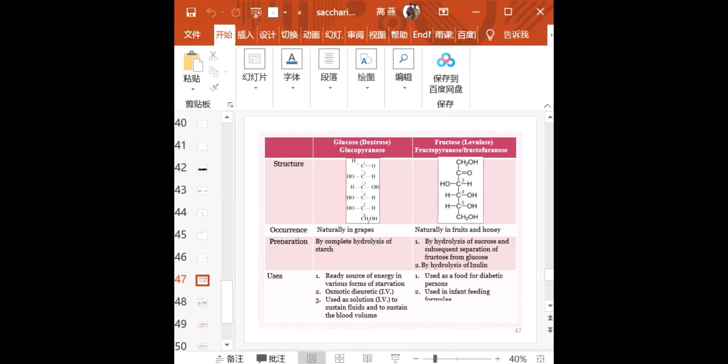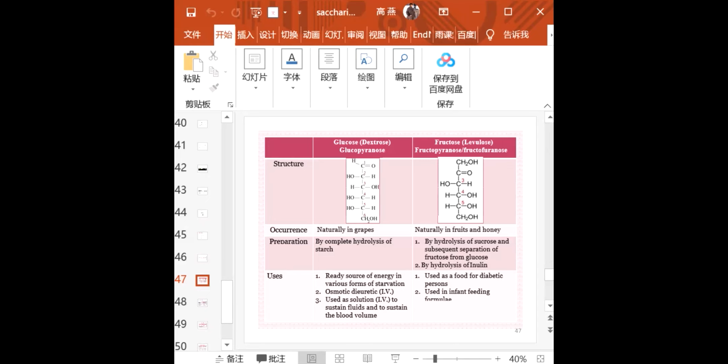And what's fructose used for? It can be used as a food for diabetic persons. Diabetic persons can eat fructose for food, but not glucose, because the metabolism of fructose doesn't require insulin participation.